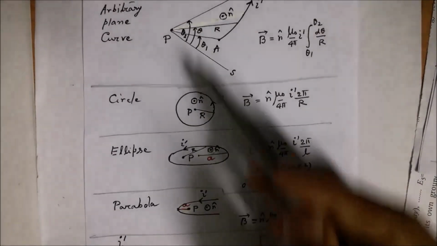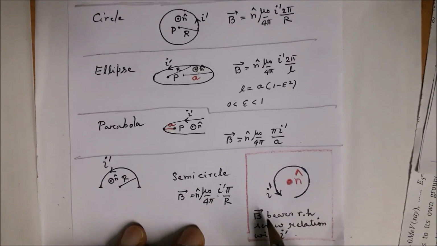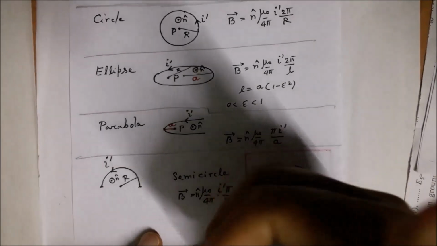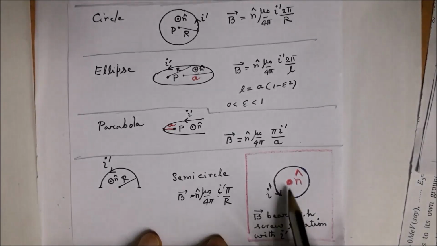Now in all these cases, one thing is common, that is the direction of magnetic induction. It bears a right-handed screw relation with I prime. That is to be noted here.